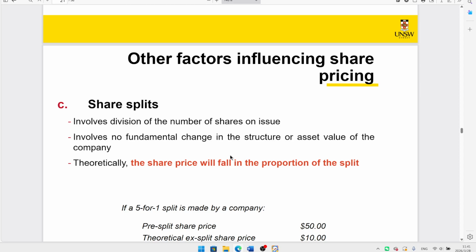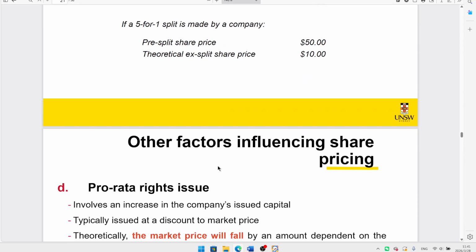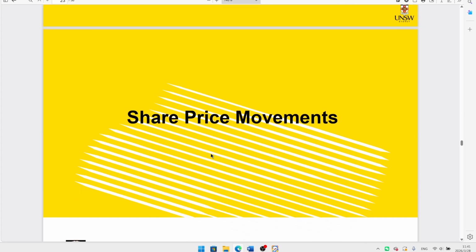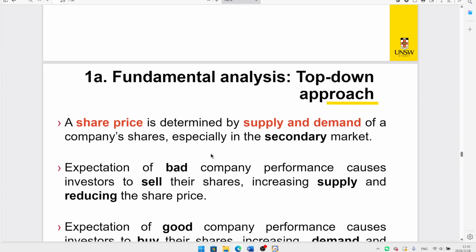A share split just divides the shares. Then the rights issue, pro rata. I'd like to say this pro rata rights issue would be examined in the quiz because it's a good question to examine.